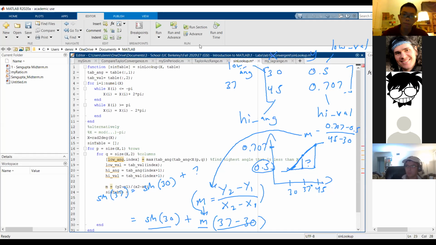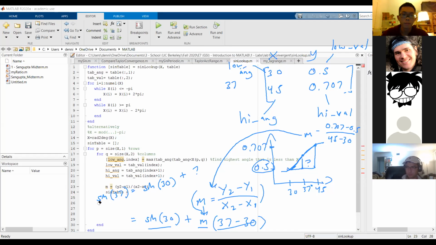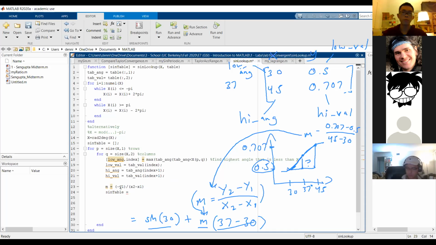Now I want my slope to be, so our y2, that's going to be our high val, or angle. Well, it's going to be the sine at that angle. So it's going to be high val minus the low val, and then similar thing down here, high angle minus the low angle. That's our m, that's our slope.